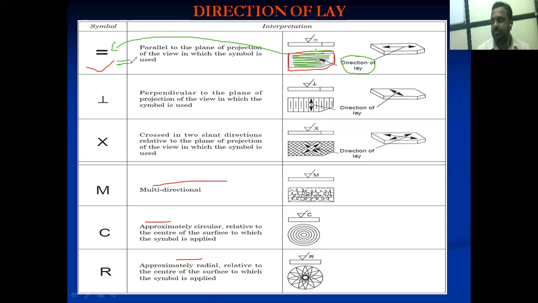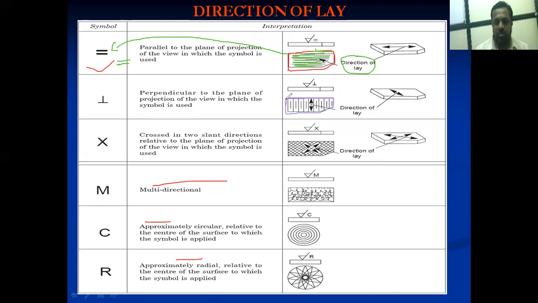Okay, am I right? Okay. Now suppose you take the next example. Say this is one component, you have to see.